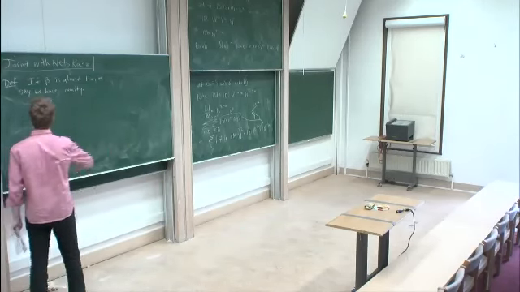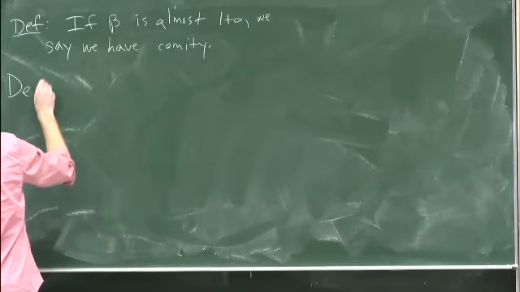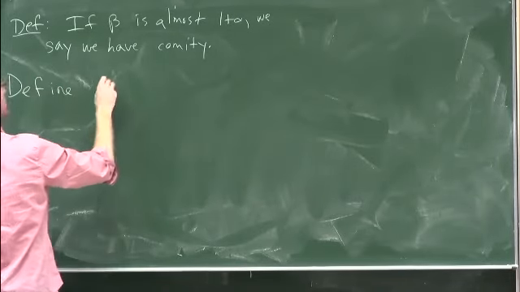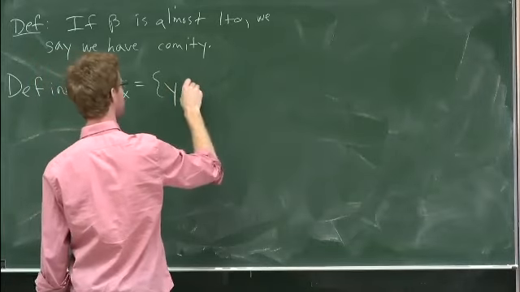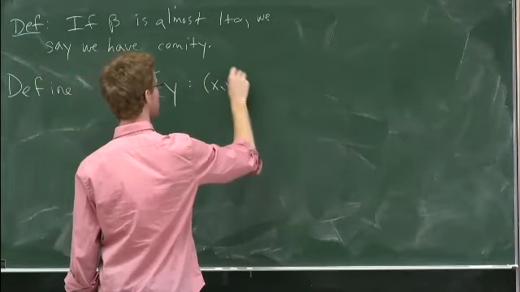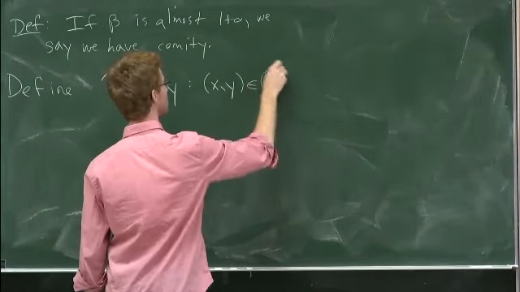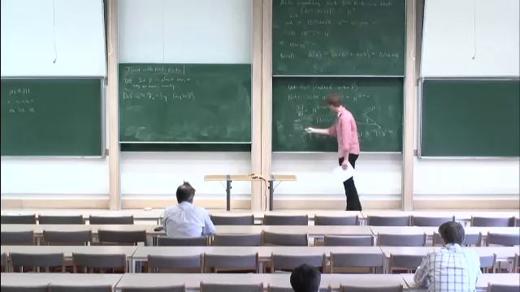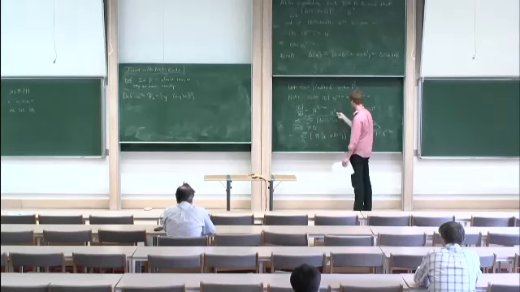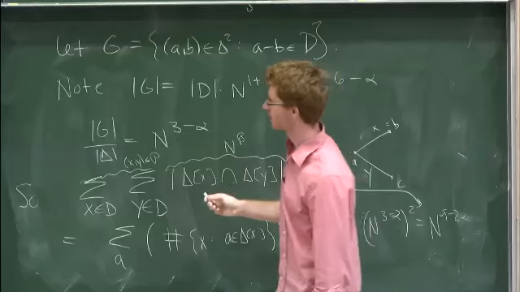Okay, so here's the set of pairs P. The set of pairs in D cross D where this number is large, meaning that big.